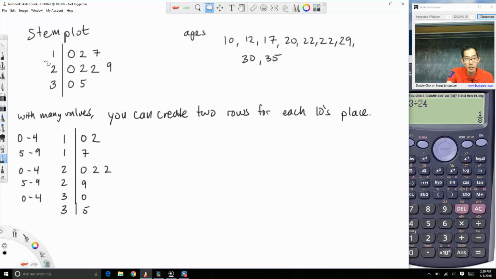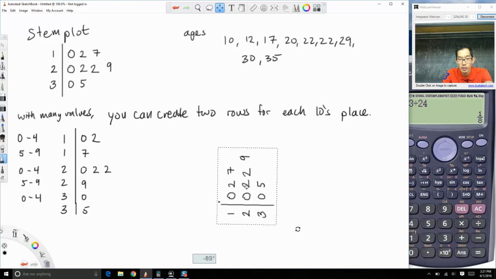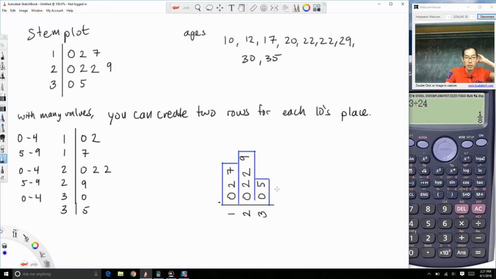Okay, and if you think about it, a stem plot is really kind of like a histogram. Oops. Okay, so if I just rotate it and turn it on its side, and then I draw little boxes around it, okay, so we have this, and there you go.